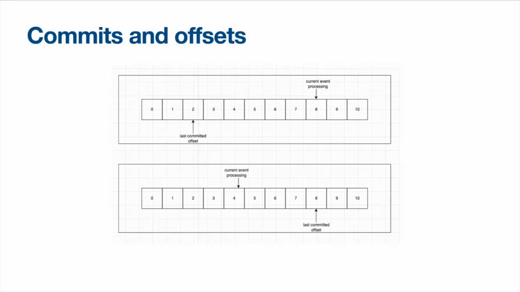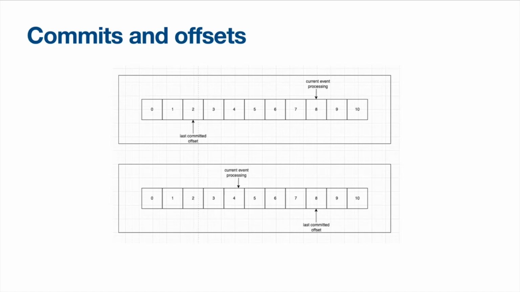6, and 7. So for your software application to manage these commits and offsets, you have to note down 2 properties: enable auto commit equals true, and auto commit interval ms. By default, the 5-second interval is good 99% of the time, and most of your records would be processed.